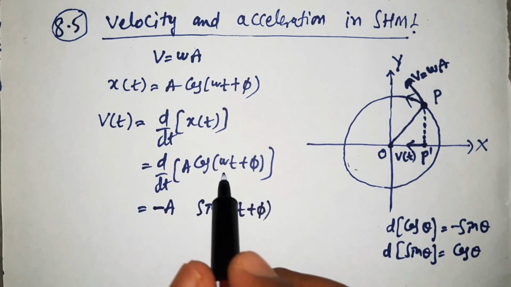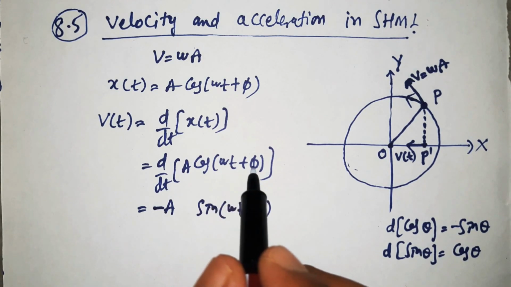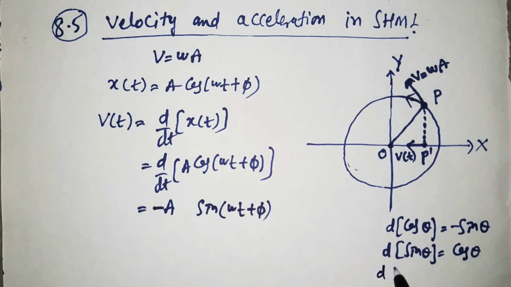Here we have another function, that is ωt + π. What is the differentiation of ωt + π with respect to time? Here ω is constant, let us take it as it is. The differentiation of t with respect to time is 1. Here π is constant, the differentiation with respect to time is 0.